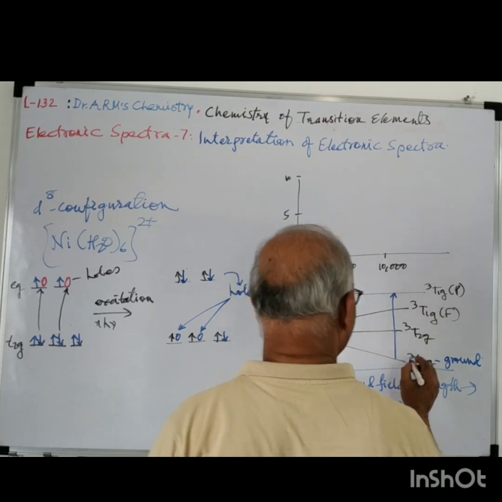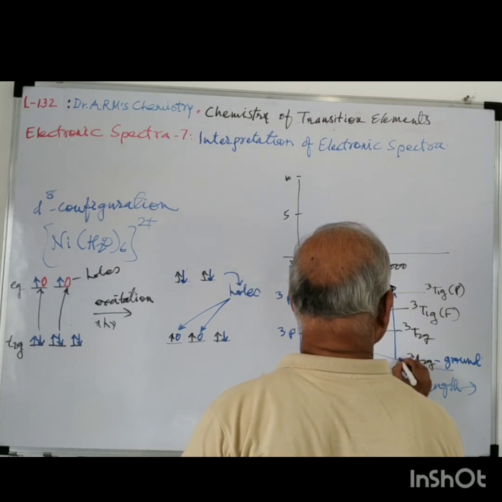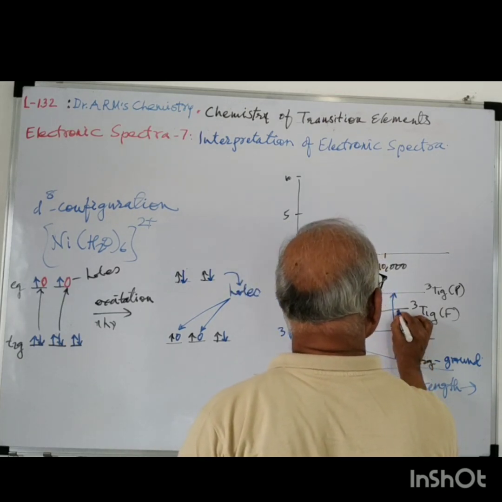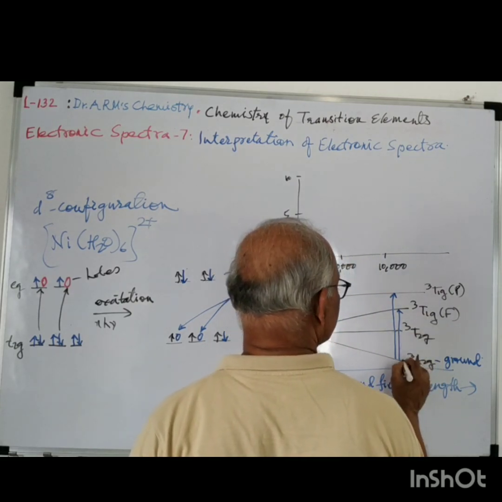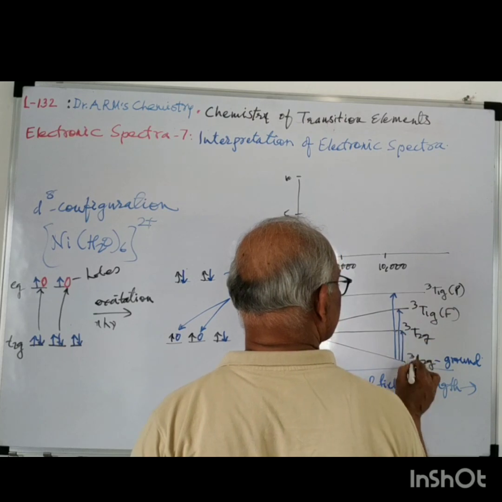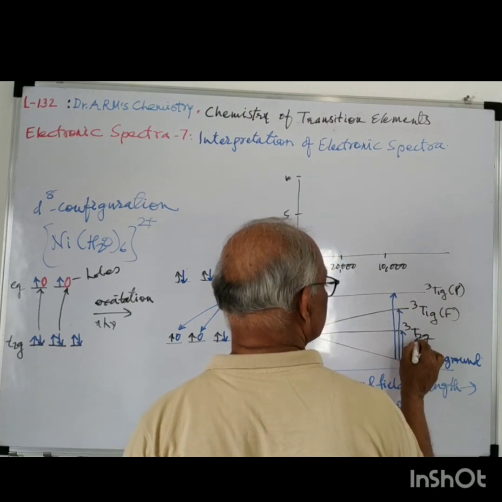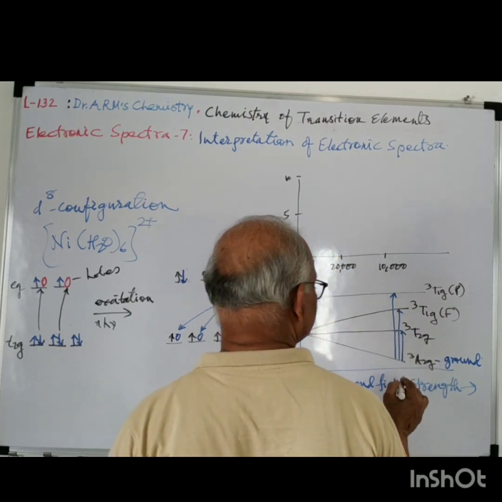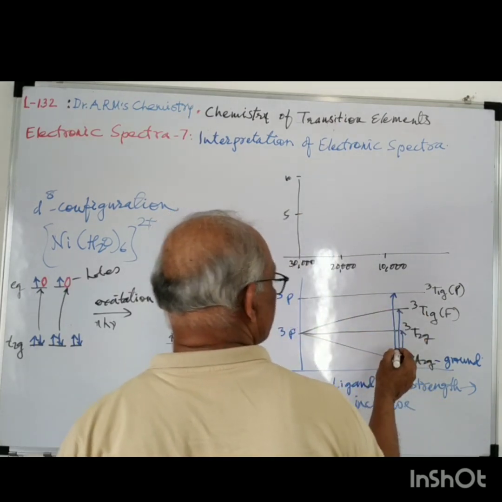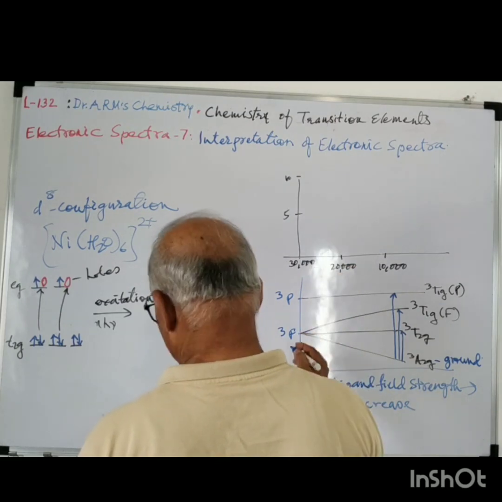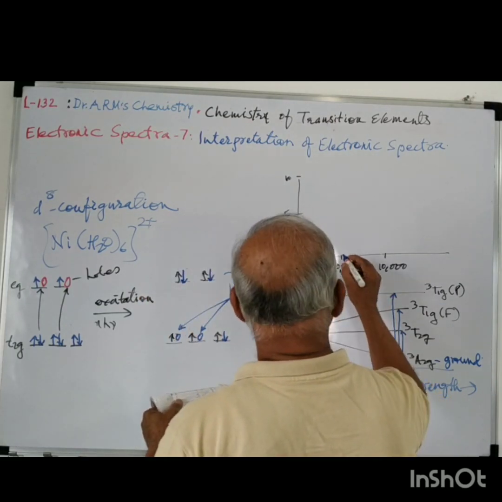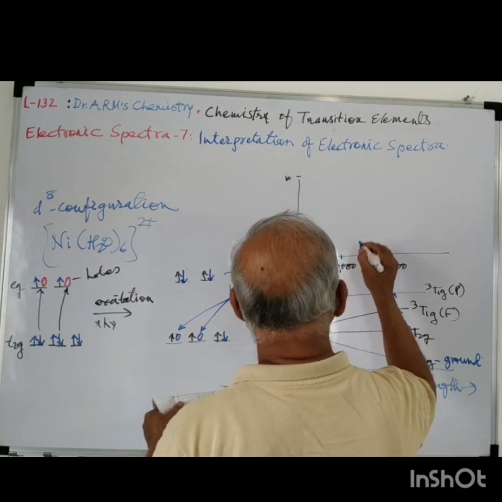Then the second transition arises from this triplet A2G to this triplet T1G. The third transition arises from this triplet A2G to this triplet T2G. So we are showing these transitions here in this diagram as the graphical representation.